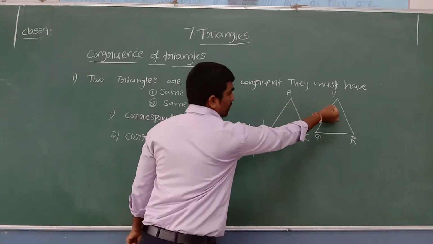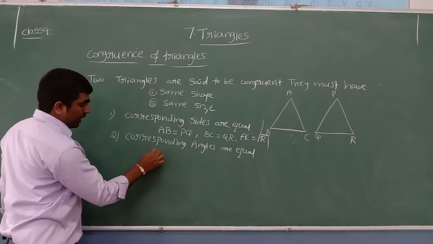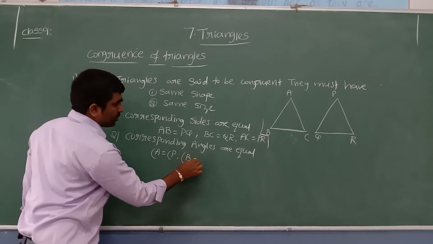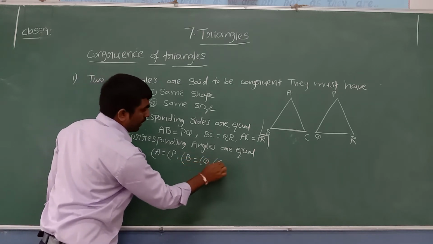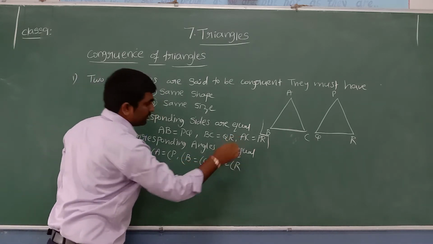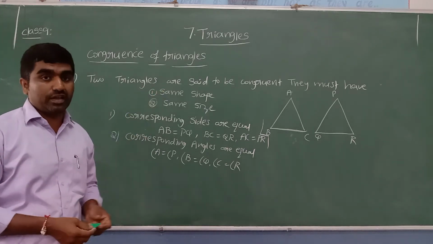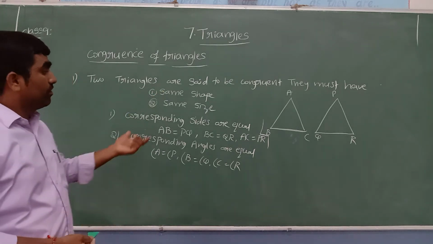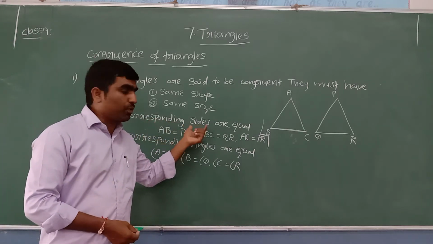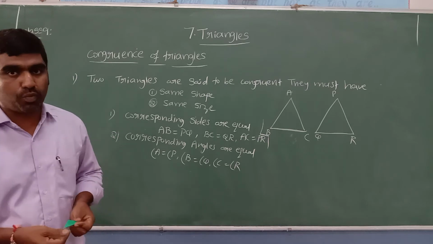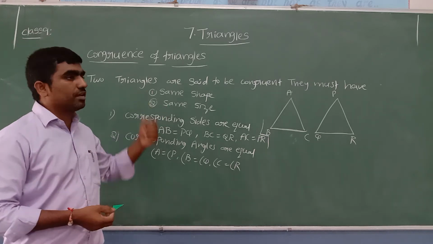Angle A corresponds to angle P, so angle A is equal to angle P. Angle B is equal to angle Q. Angle C is equal to angle R. So these are the two important conditions of congruence of triangles. What can we say, beta? When two triangles are congruent, corresponding sides are equal and corresponding angles are equal. This is about congruency of triangles.